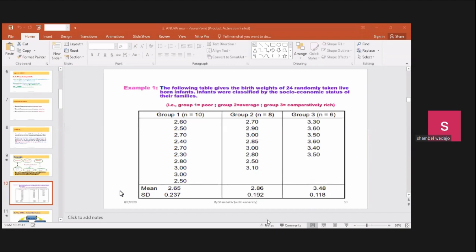ስለዚህ እዚህ ጋር ስንመጣ 2.65፣ 2.86፣ 3.48 ቫሪዬሽን አላቸው። ይሄ ቫሪዬሽን ግን explained ነው unexplained ነው? Yeah, it is explained because of grouping effect፣ someone is group 1, the other is group 2, the other is group 3.